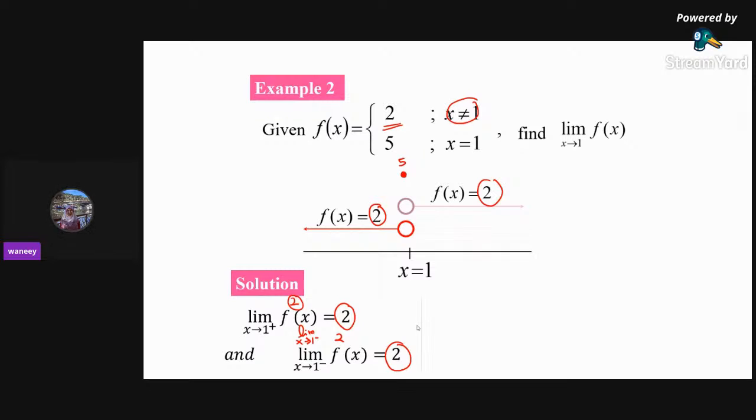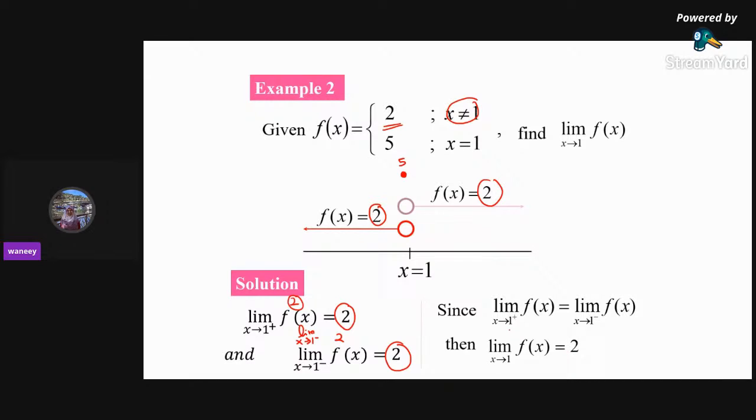Therefore, we can say that the limit as x approaches 1 for f(x) must be equal to 2, and it does exist. If the question asks, does the limit exist? The answer is yes. The limit exists and the value is equal to 2.